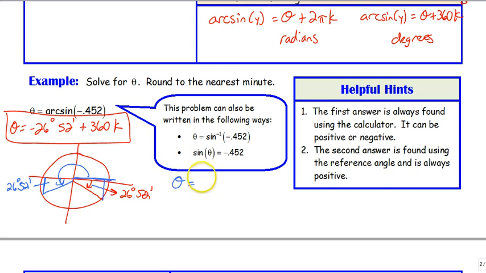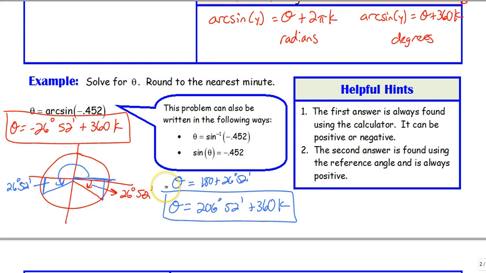So my theta is 180 plus 26 degrees 52 minutes, and you get the other angle is 206 degrees 52 minutes, and then at that position we can also go around multiple times in the circle. So I also have the plus 360 degrees times k. So the two things that are boxed are the two solutions to this problem.